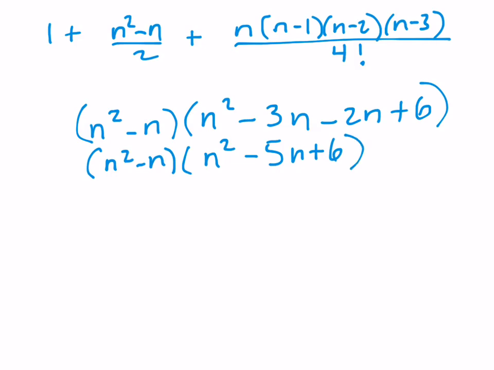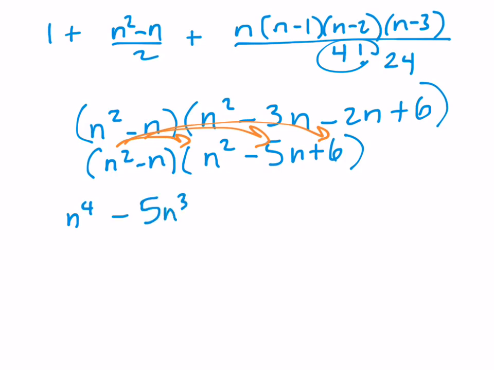Okay. And I'm ignoring the denominator for now, but I know 4 factorial is going to be 24. But we are still working on the numerator. So we have one more multiplication to do, and we can use the distributive property here. So we're going to do n squared times each of the terms in the second parentheses. So we would have n squared times n squared is n to the 4th. Then n squared times negative 5n is negative 5n cubed.